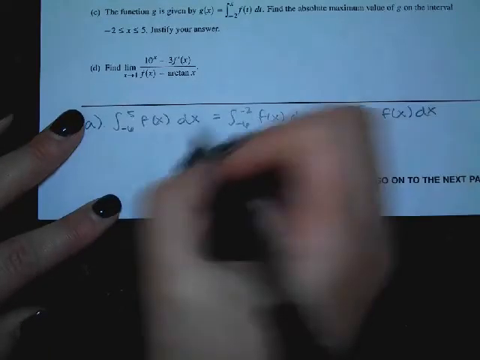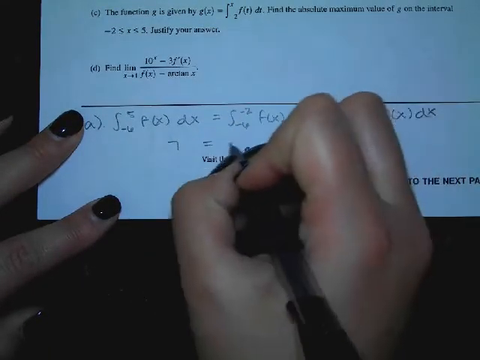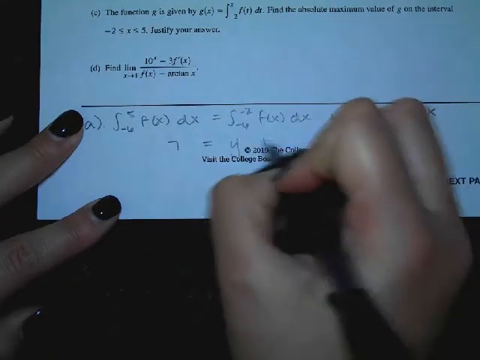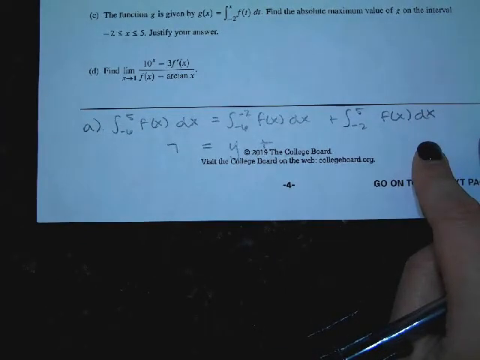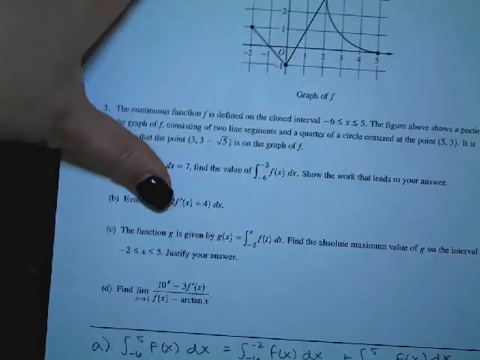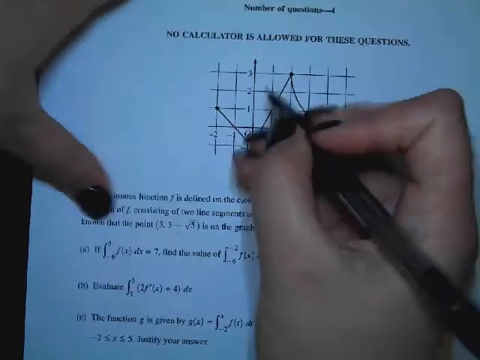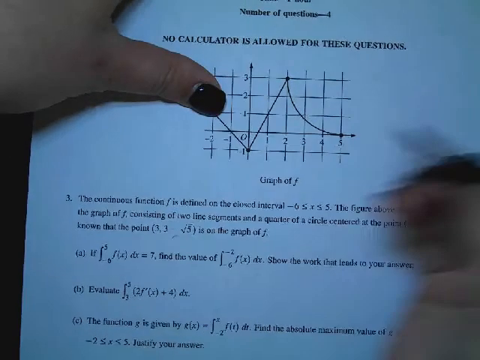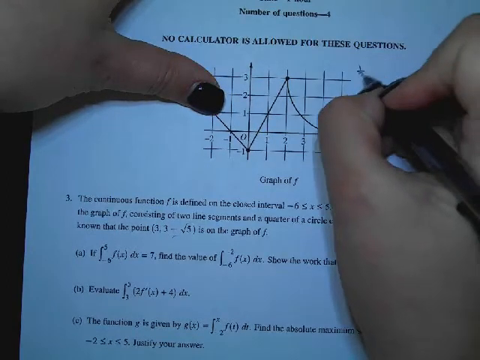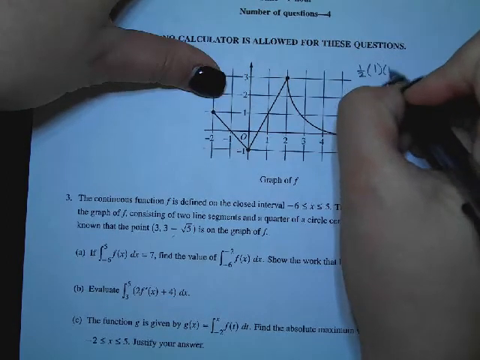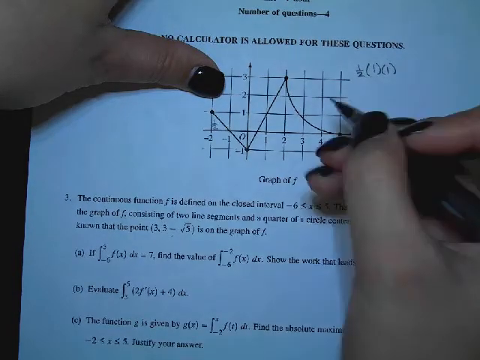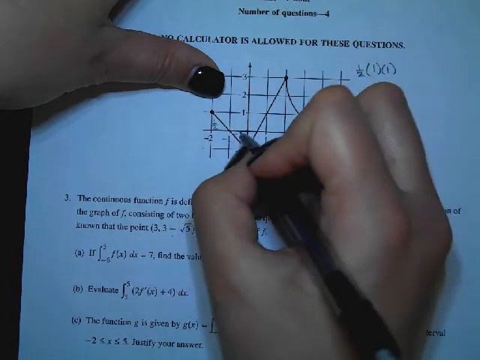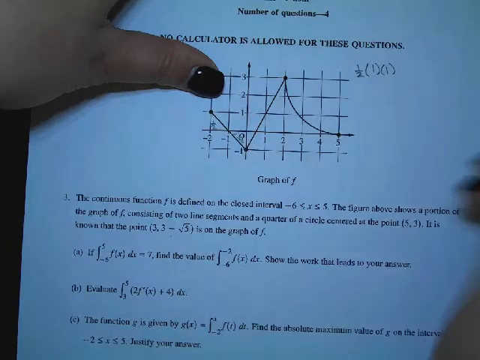So up here we have 7 equals, I'll just call it y, plus whatever that happens to be. That means I'm going to need to find that area. So this little triangle, first I've got 1/2 times a base of 1 times a height of 1. So that's an area of positive 1/2. That means that this right here is an area of -1/2.